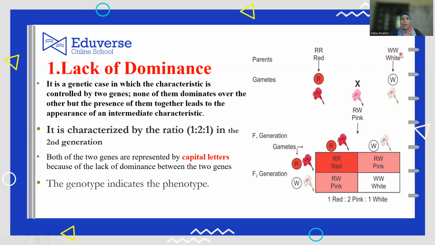There are no other possibilities. Pink flower, capital R capital W. It's the only genotype for this phenotype. So in the case of lack of dominance, genotypes indicate the phenotypes. And this is our first case in the non-Mendelian cases.